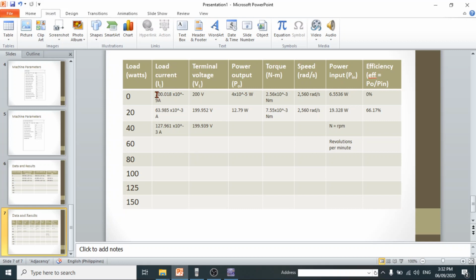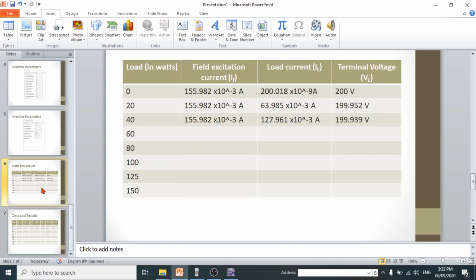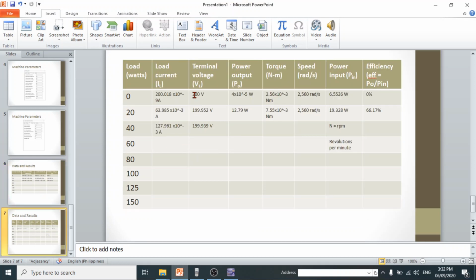Actually, the first two data for table 2 are from table 1, the load current and the terminal voltage. They will be used to calculate the power output. For the torque and the speed, you do it as shown in this video.